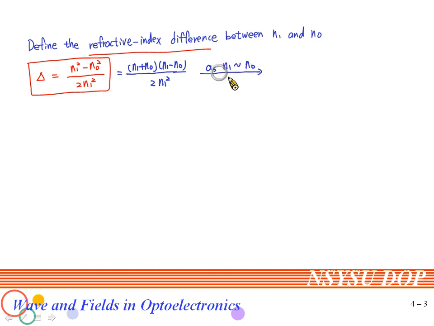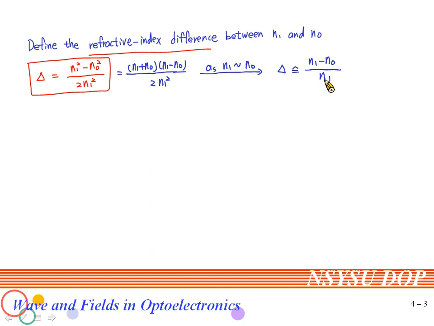With this condition, N1 plus N0 can be written as 2N1, so delta is approximately N1 minus N0 divided by N1. So if N1 is almost the same as N0, you can find the refractive index difference by this equation.